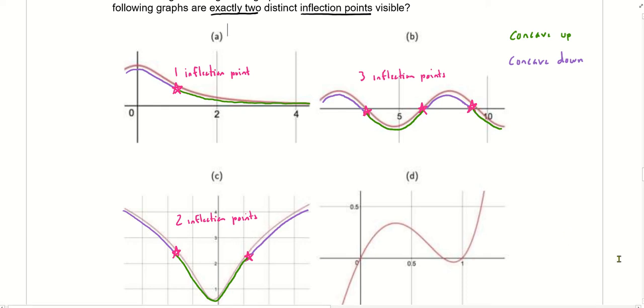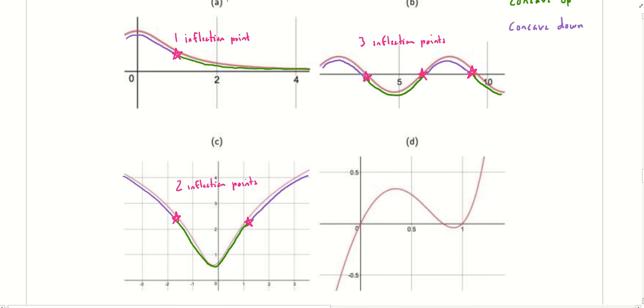So let's take a look at D. Again, it looks like we're starting concave down. And it looks like we have a pretty big concave down shape until maybe right around there. And then we switch to the cup shape, the concave up shape, beyond that.